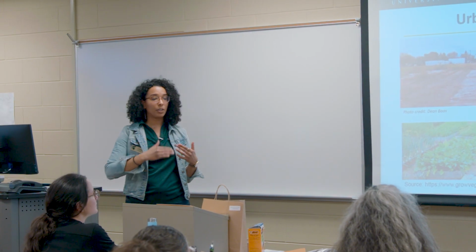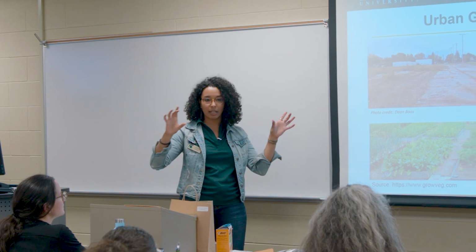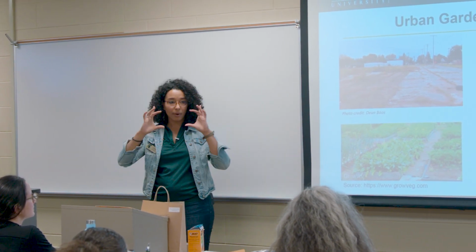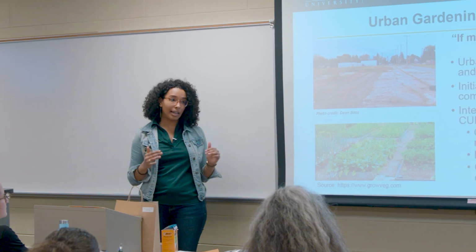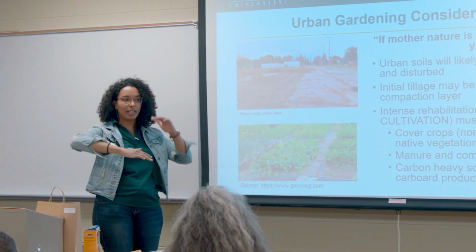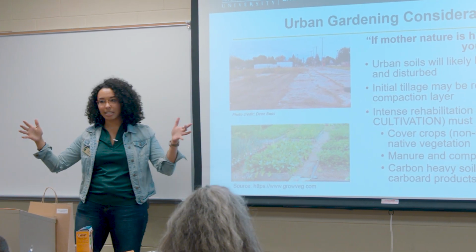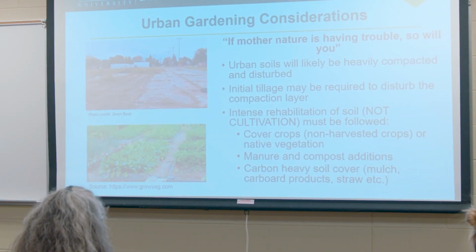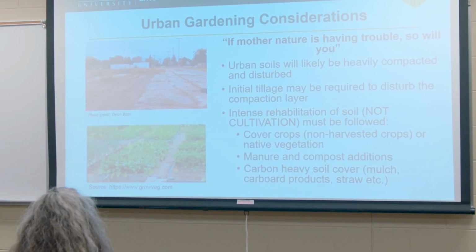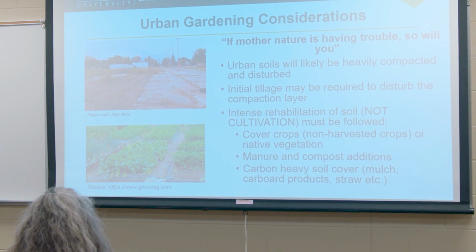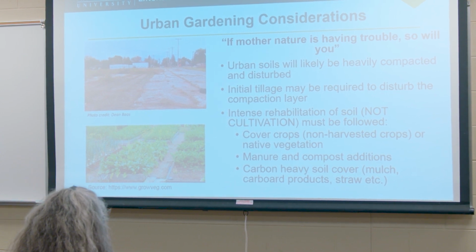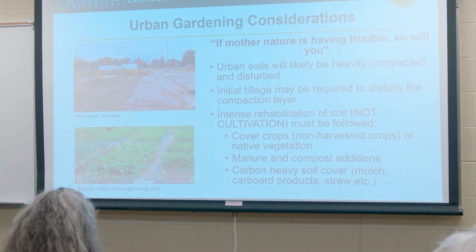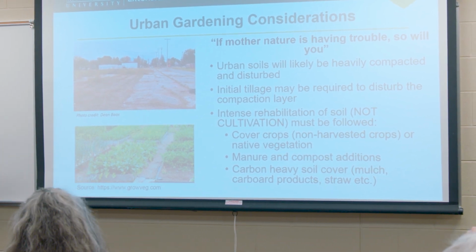If you're wanting to build up a layer of soil organic matter, by not wanting to go into our soils or plant into our soils because we don't have a layer anymore, you're going to have time to have that lasagna method decompose. That's going to take time. And putting in those cover crops, things that aren't going to be harvested, native vegetation, again, those compost additions, those manure additions, and then carbon-heavy soil cover is also going to go light years in terms of rehabilitating our soil. Again, this is going to take time.